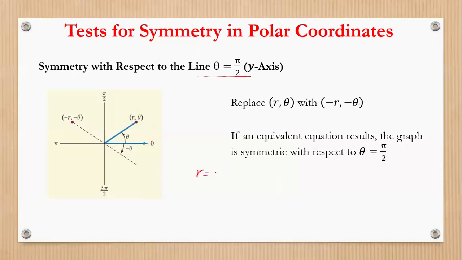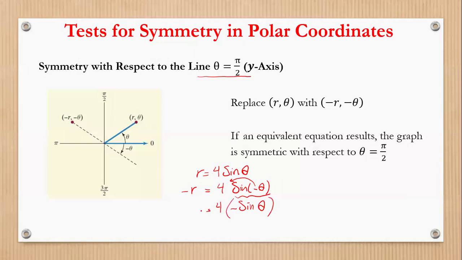Like the first equation that we graphed, r equals 4 sine theta. If I replace r by negative r and replace theta by negative theta and try to simplify this one, I see that sine is an odd function, and for odd functions, the negative just goes out. So instead of sine of negative theta, I can say negative sine of theta.